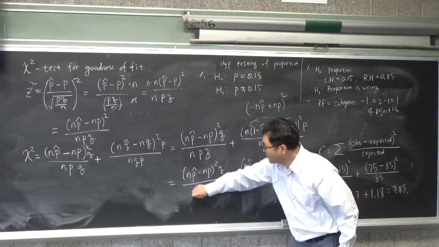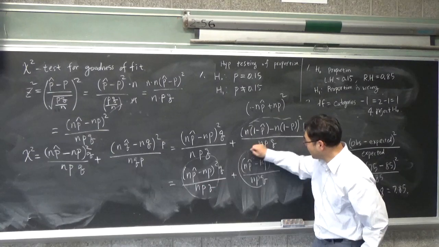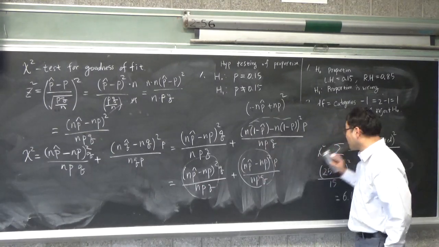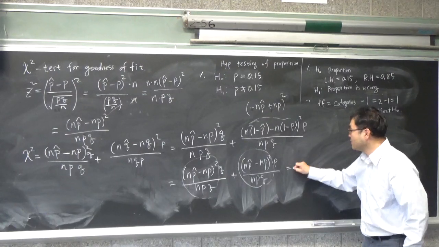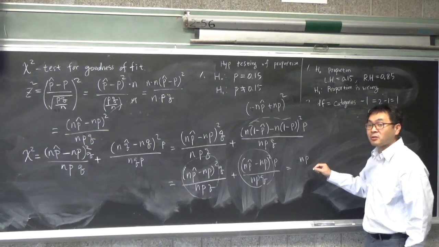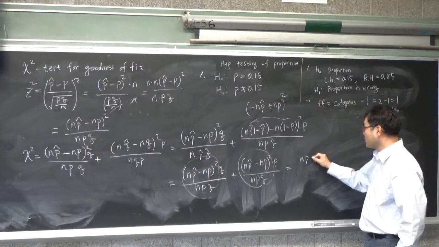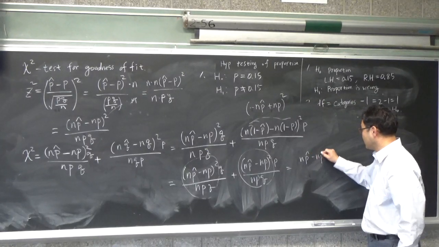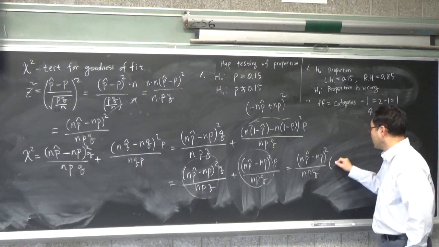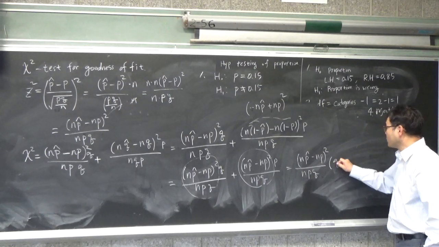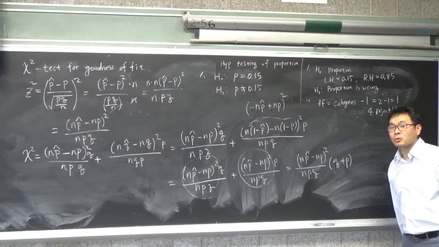And now you see that these are exactly the same, so you can factor that part out. If you factor them out, what do you end up with? n(p plus q) plus p, that's what you get. What is q plus p? 1.